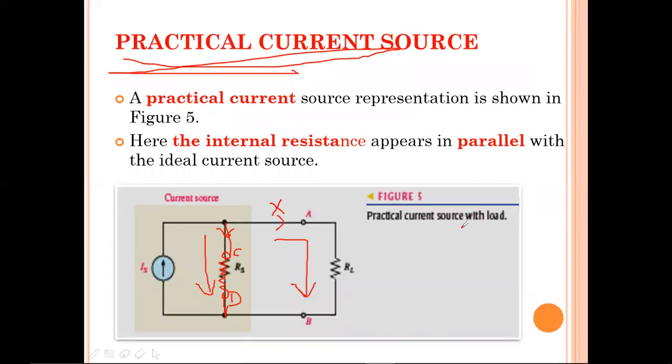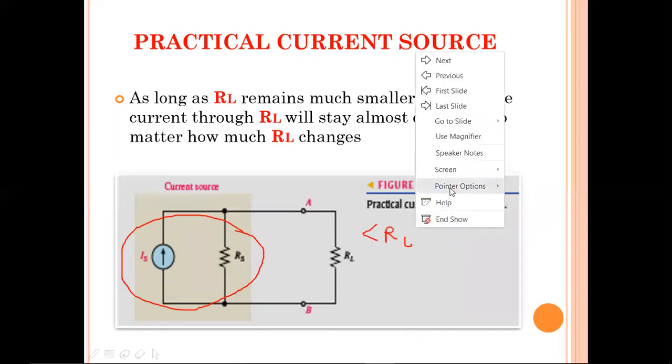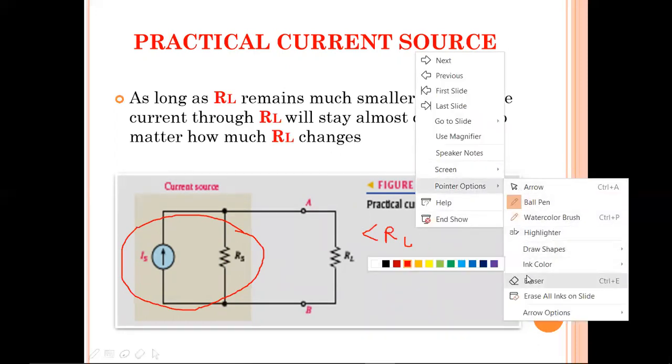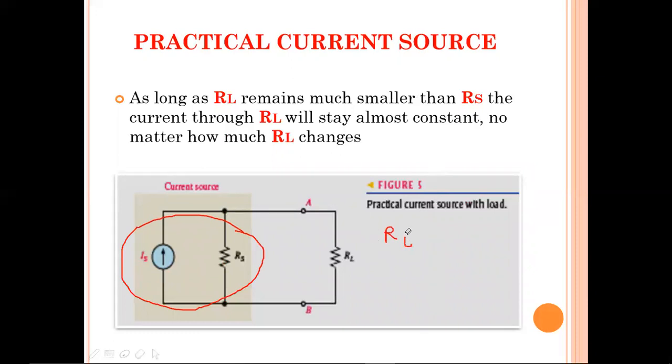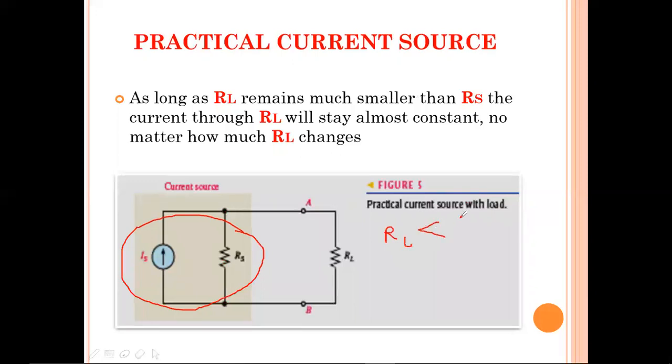So this is a practical current source with load. As long as RL remains smaller than RS, let me write, smaller than the RS, the current through the RL will stay almost constant no matter how much RL changes.